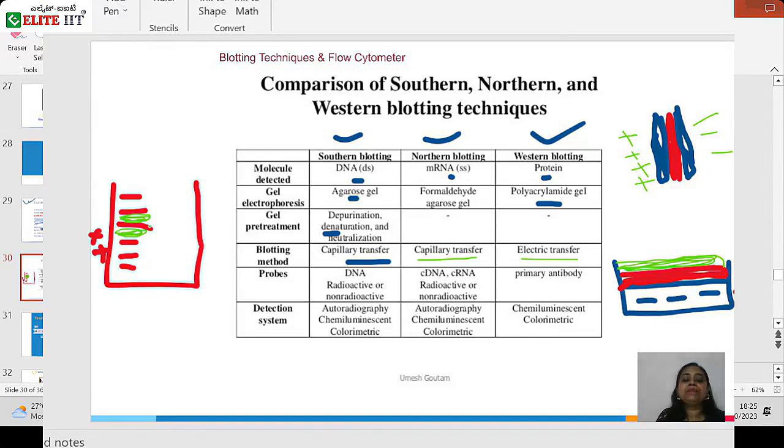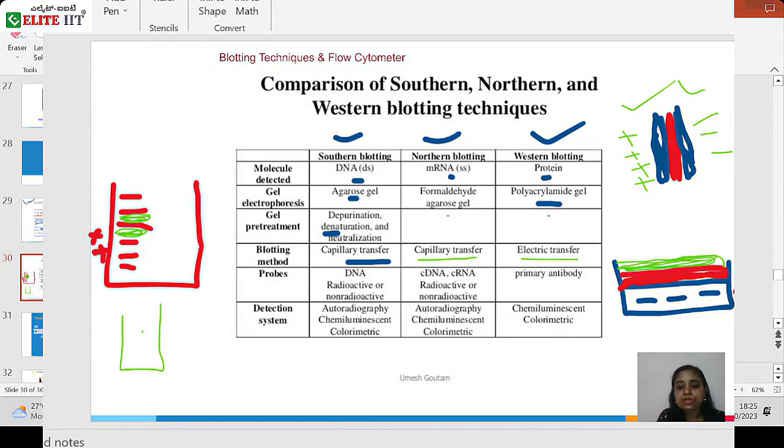Now you just apply an electric field and transfer all the bands towards the nitrocellulose paper. Two nitrocellulose papers are involved here, side by side. So what will happen? If you consider these green ones are the negative ones, they will go towards the anode.